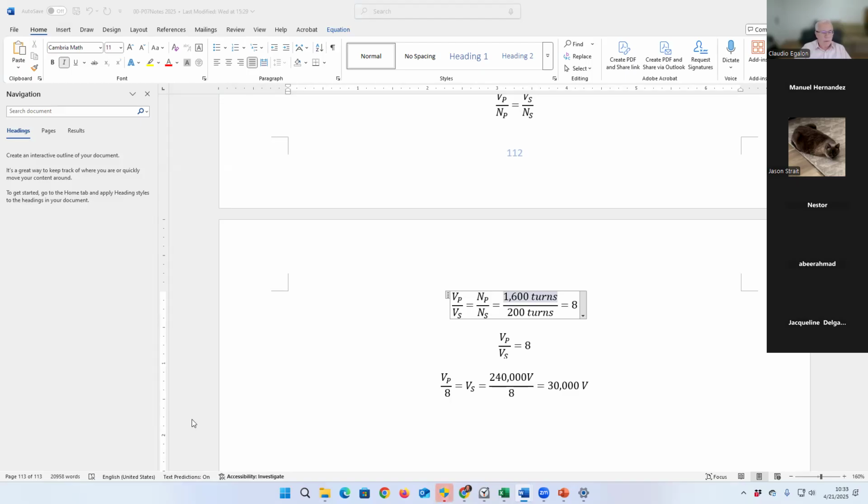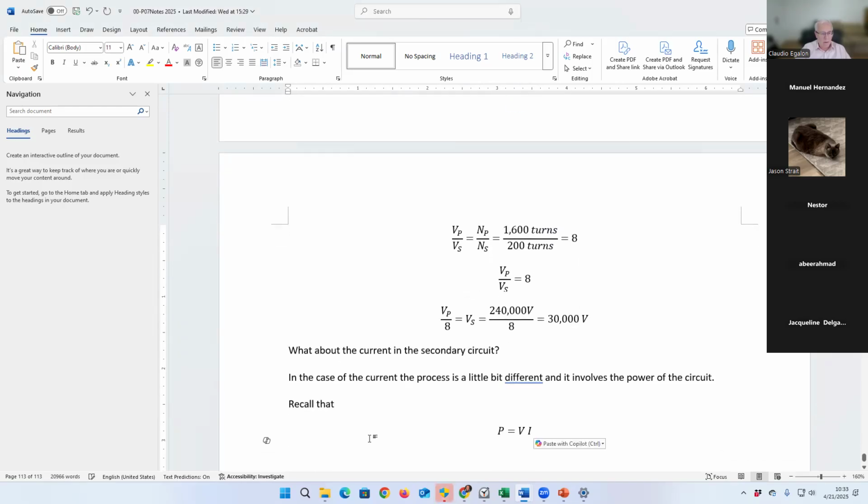What about the current in the secondary circuit? That's another example. We have to use the relationship for the power in the circuit. Recall that the power is VI.